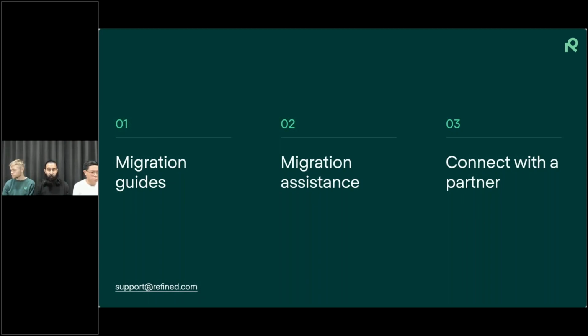And we can also do a one-to-one migration assessment pre-migration if you want some high-level tips on how to best translate your server or data center sites and optimize these for cloud. And then, of course, the partner network that we have for hands-on help. If you need help connecting with a partner or would like us to put you in touch, reach out and we can make that happen as well.